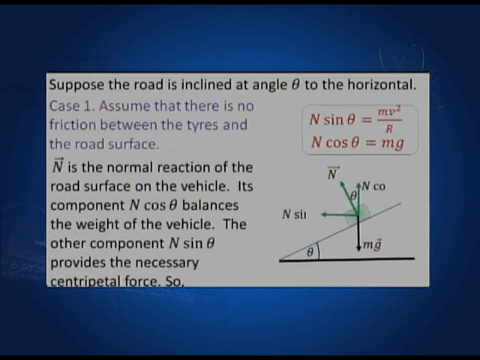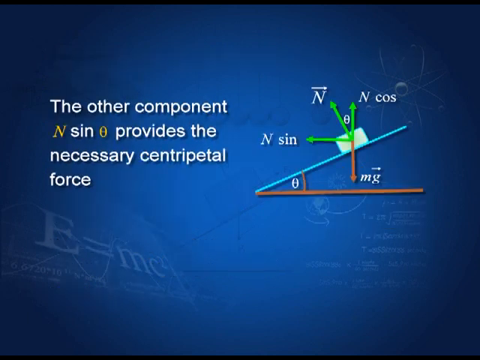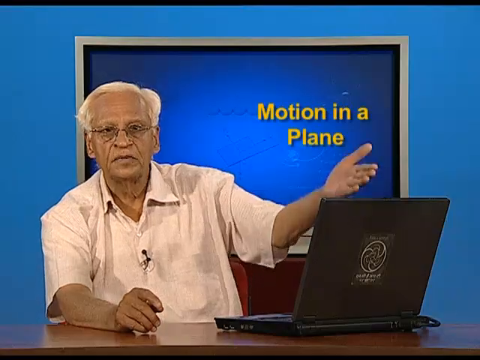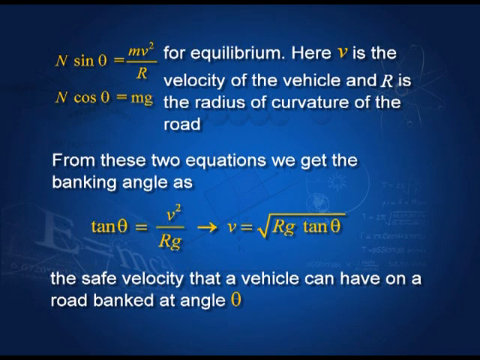This is towards the center of the road, and it is this component which would supply the necessary centripetal force, this n sin theta. So, we write down the equations of equilibrium. n sin theta is to provide mv squared by r, n cos theta is to balance the weight of the object, and therefore, we divide one by the other, we get tan theta equal to v squared by r g, or v equal to the root of r g tan theta.